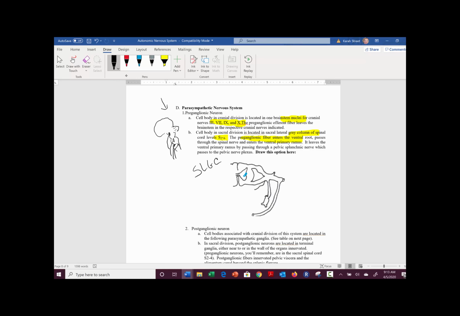But what about the sacral equivalents? Of course, they still leave through a ventral root. Oops, let me change my color. Through a ventral root. And now they're going to enter a pelvic splanchnic nerve. And remember, splanchnic means that it's preganglionic.